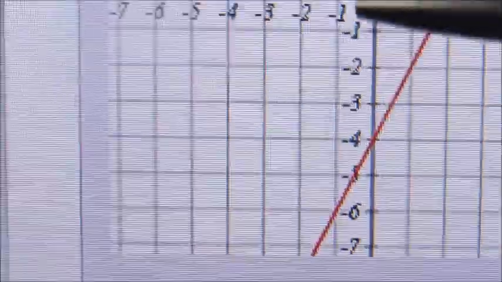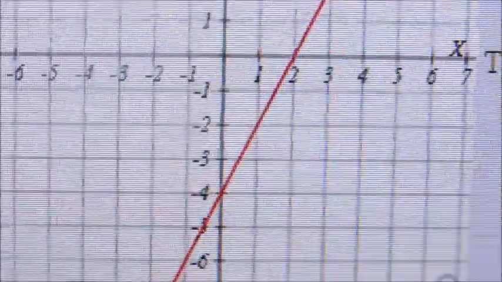And it's going up 1, 2, and it's going over 1. So I just need to put a 2 and then the x. And we see that it's at -4, so I'm going to put -4. And those are all of the questions for this problem. And we got all of those right.